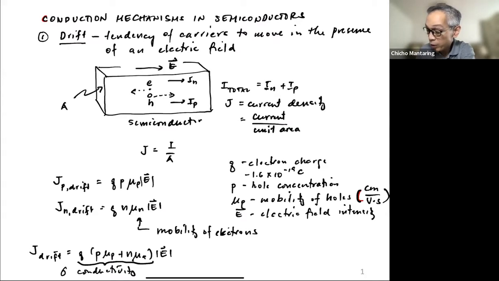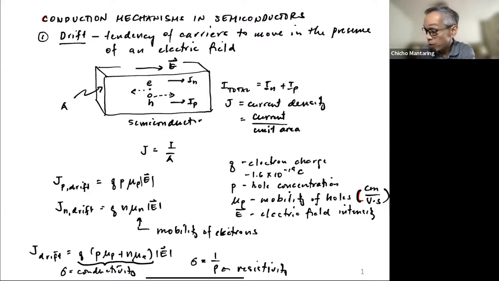We give this the symbol sigma, that is your conductivity, where sigma is equal to 1 over rho. Rho is your resistivity, ito yung tinatawag nating resistivity. So that's drift.